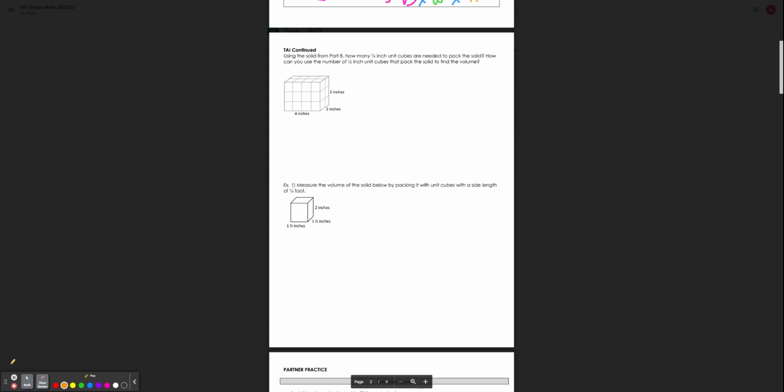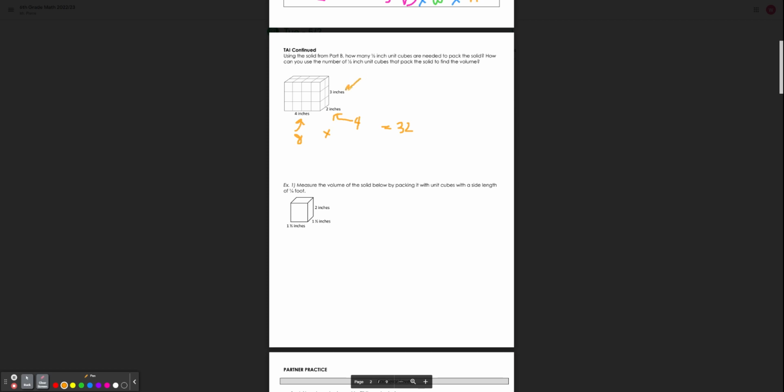And 1/2 inch goes into 4 inches 8 times. So 1/2 an inch would go into our 4 inches here 8 times. And 1/2 an inch would go into 2 inches 4 times. That means the total number of 1/2 inch cubes that would be able to fit on this bottom layer would be equal to 32.